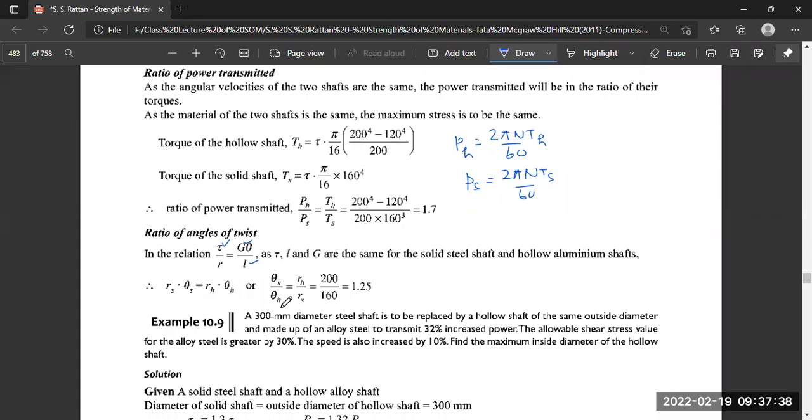So theta S by theta H is R H by R S, which is 200 by 160. The 200 is the outer diameter of the hollow shaft, 160 is the outer diameter of the steel shaft, and the relation is given as 1.25. So we have got the relation between theta S and theta H.